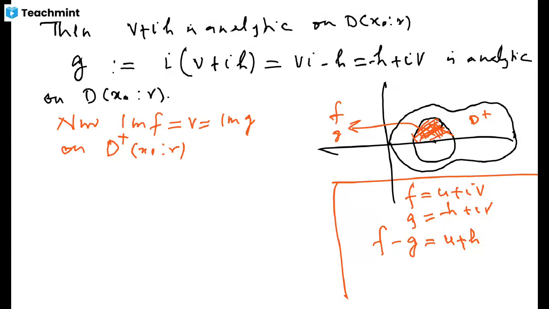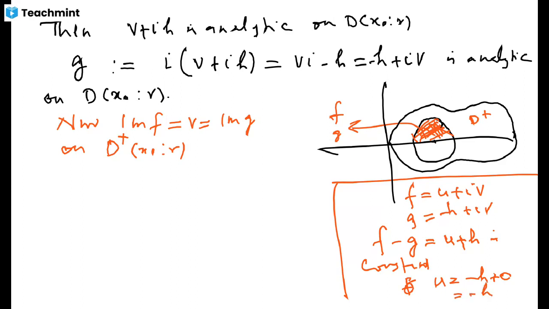So you will have u is equal to minus h plus some constant, and we can again take this minus h, since minus h is a conjugate of v, and minus h plus c is again a conjugate, because adding a constant to a conjugate doesn't affect it. So we may again take it as minus h.